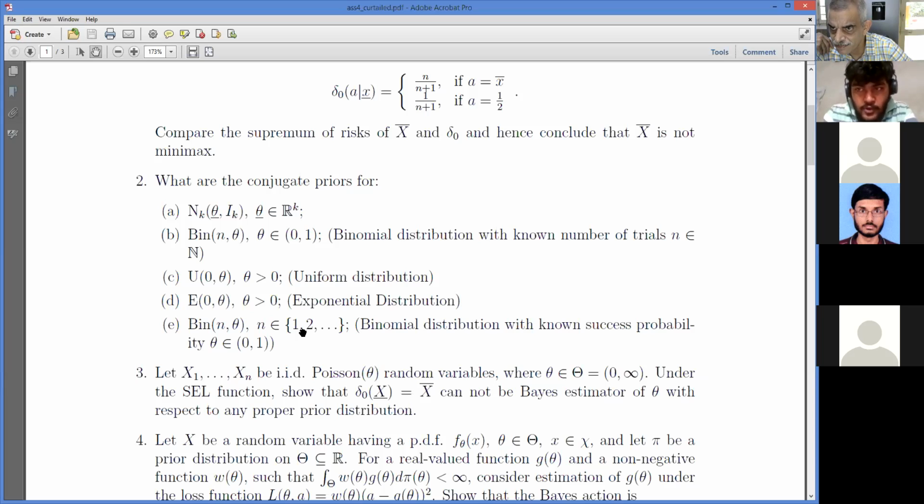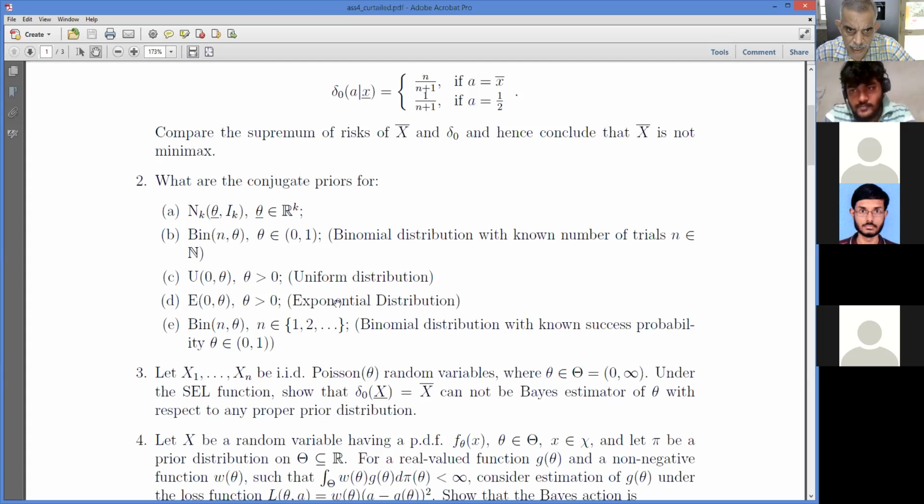Sir, if we consider a sample, then the calculation is more complicated, because we have to take the product of the combinations. Which problem are you talking about? This problem, sir, if we consider n samples, then in the joint distribution we will have the product for i equal to 1 to n of n choose xi. So the calculation is complicated.